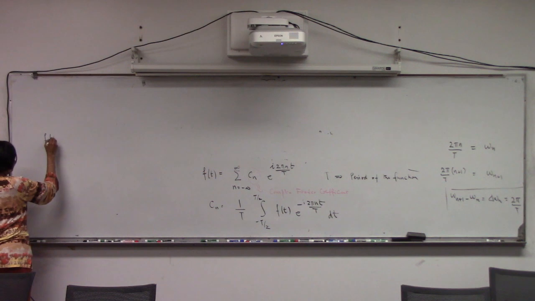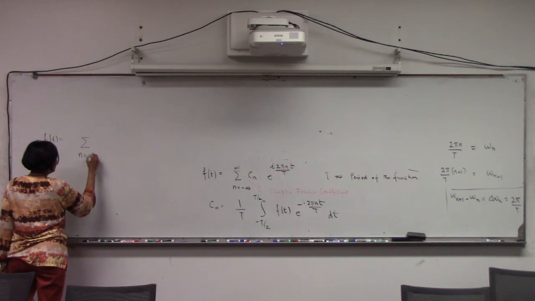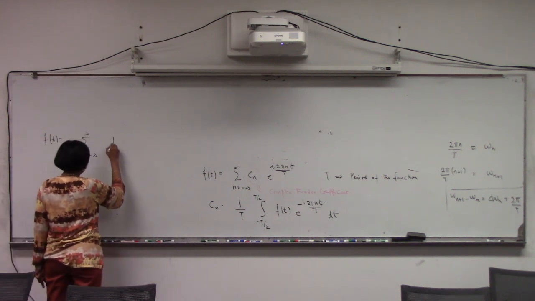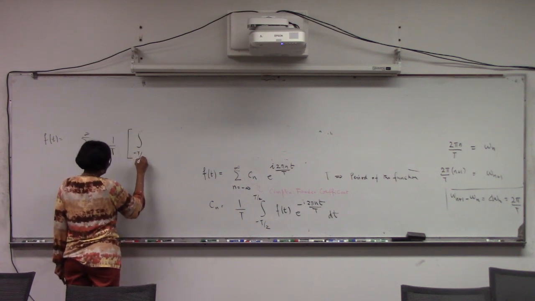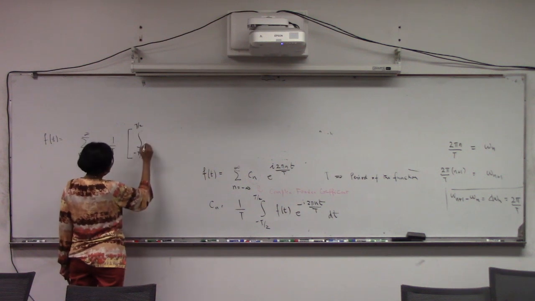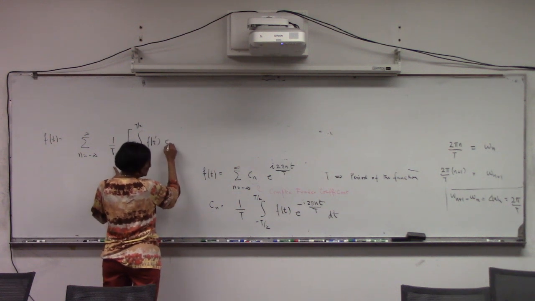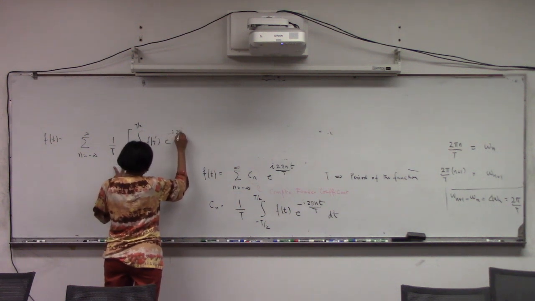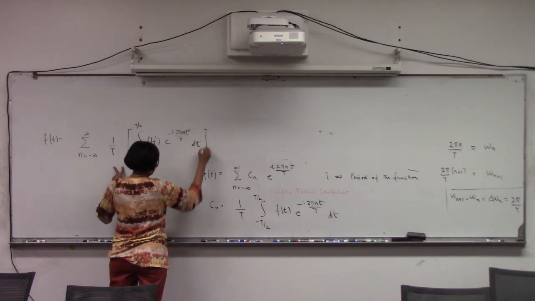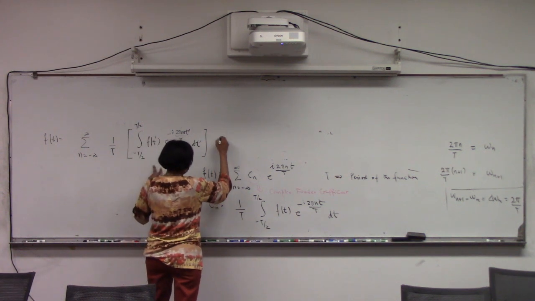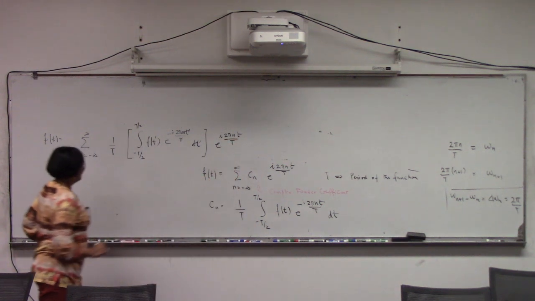I'm also going to write f of t as nothing but, I can substitute for Cn as a first step.